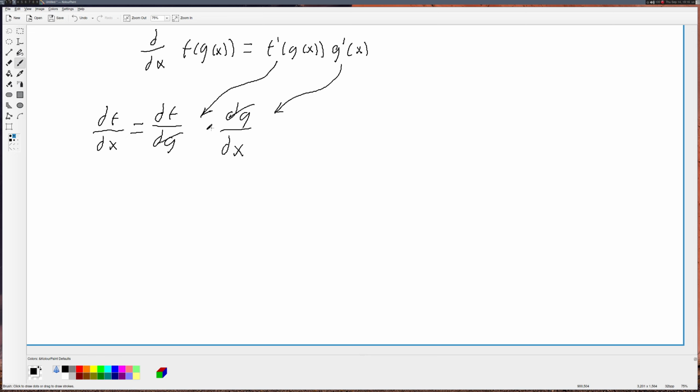And what always irked me when I initially saw the chain rule, not the proof, is why do we multiply by g prime of x? What does it even do? And now after seeing this, I just see that it's a translation step that makes it so that we're actually just taking df with respect to dx.